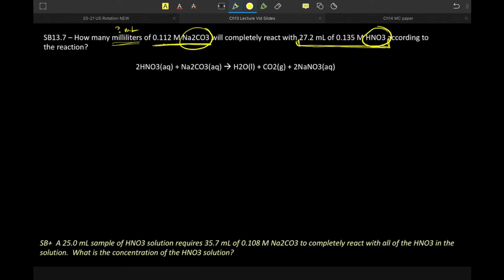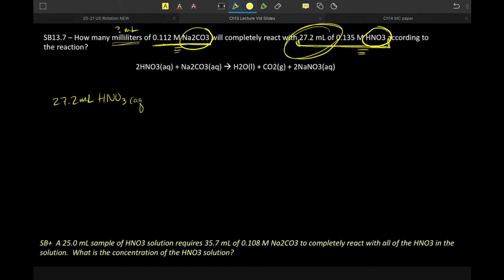Now we're going to use our balanced equation, our coefficients, and put everything together. In the land of givens, remember that molarities are conversion factors, so we're not going to start there. We're going to start at our 27.2 milliliters of nitric acid, aqueous.